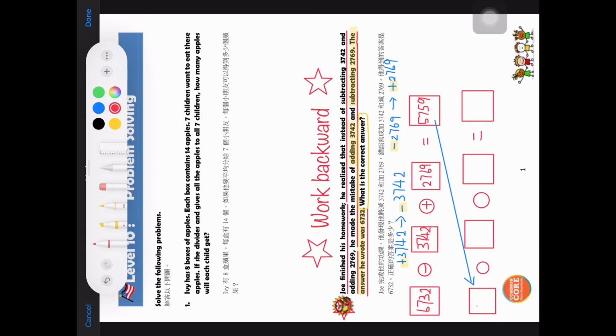So now we may find out the correct answer. We may duplicate the original number, 5,759, and then do it in the right way.